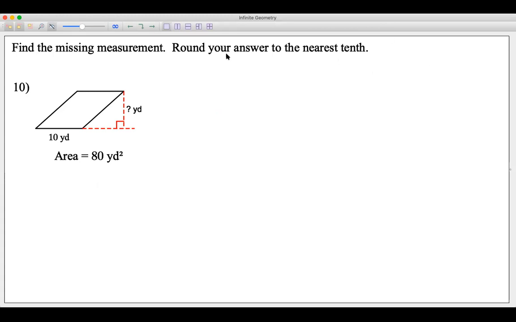So let's see, A for area, the formula for a parallelogram is equal to, what is it? Yes, you do. You wrote it down for question number 2. 2 and 6 and 10 are the same question.